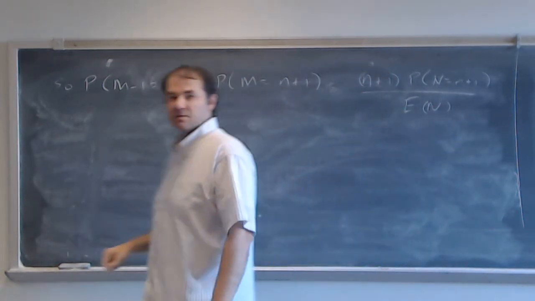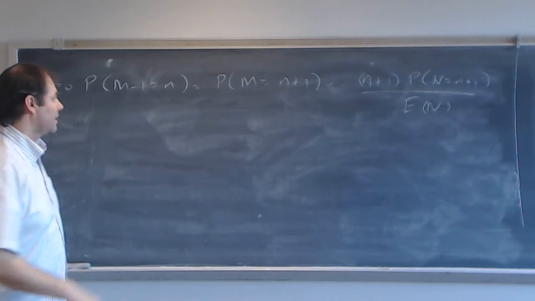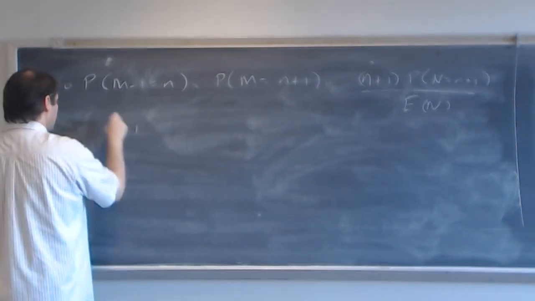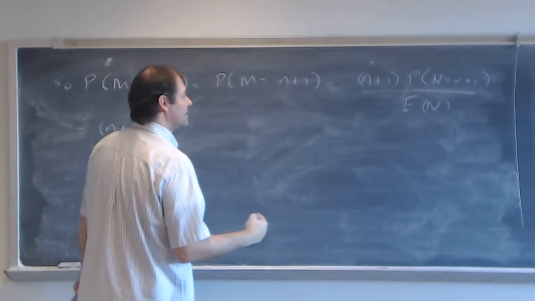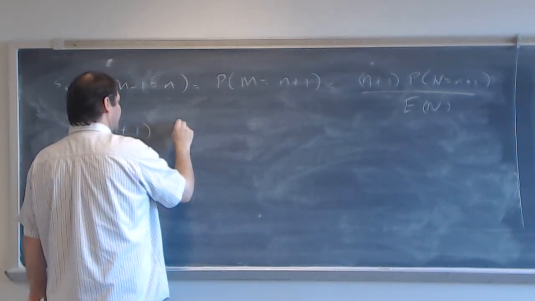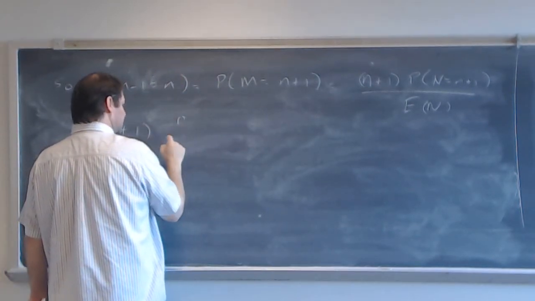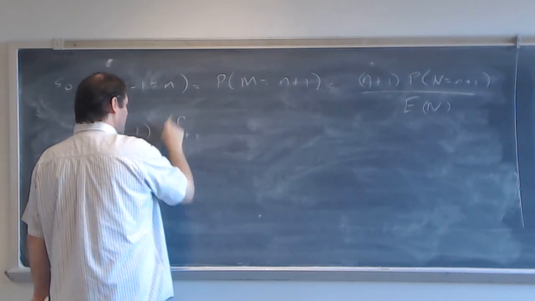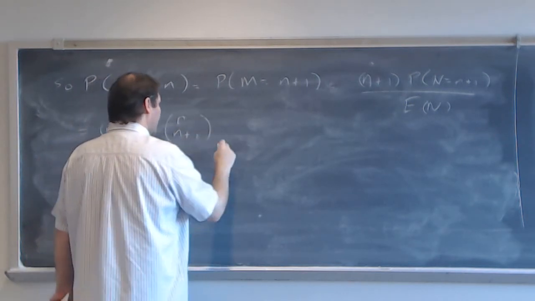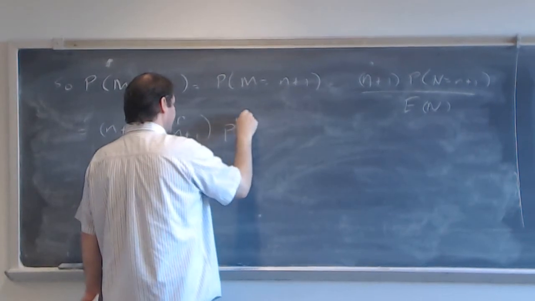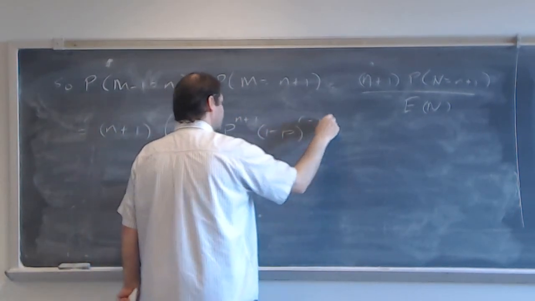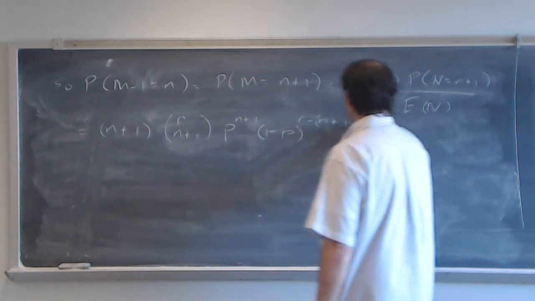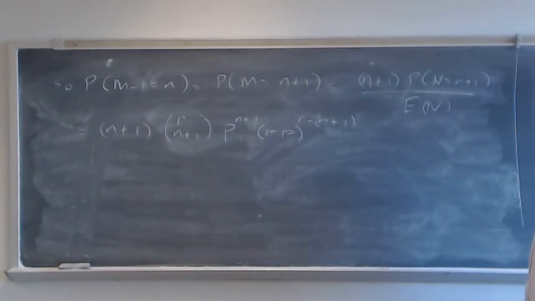I know that n is binomial, and so this ends up being n plus 1 times the probability that n is equal to n plus 1. Remember that would be r, that's the parameter that time we did, choose n plus 1, then it would be p to the n plus 1, and then it would be 1 minus p to the r minus n plus 1.